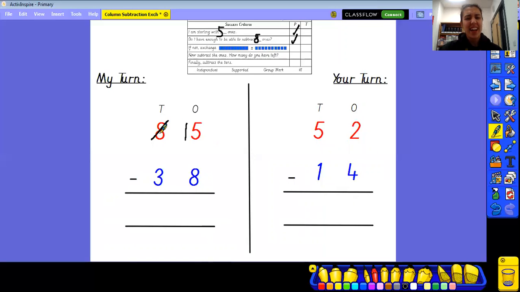Do I have 8 tens left if I took one of them out and put it in my ones column? No, I've got 7 tens left. So I'm going to show that by crossing out my 8 and replacing it with a 7. And that 1 10 that was taken from here gets put here next to my ones.